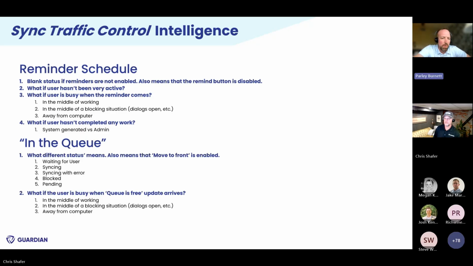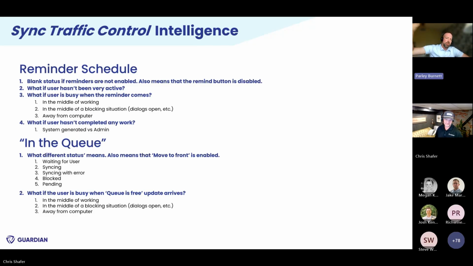Okay, so what we're kind of highlighting here is there is a difference between the reminder schedule and being in the queue, and it's been kind of implied, but I just want to reiterate, just because a user shows up in the list in that Project Central dialog doesn't mean they're in the queue.